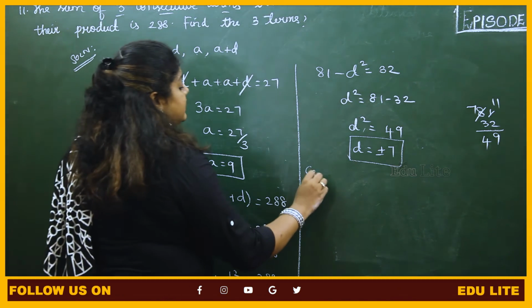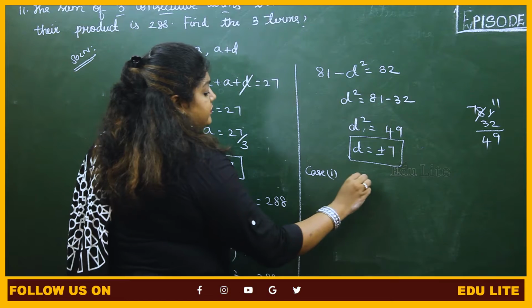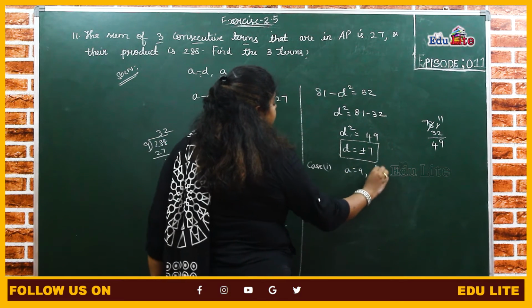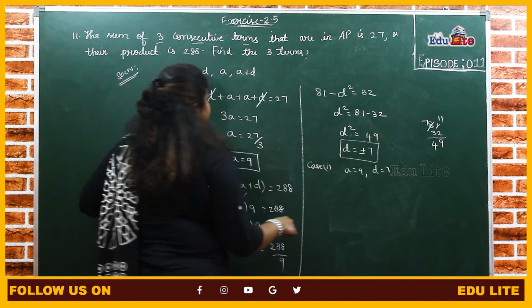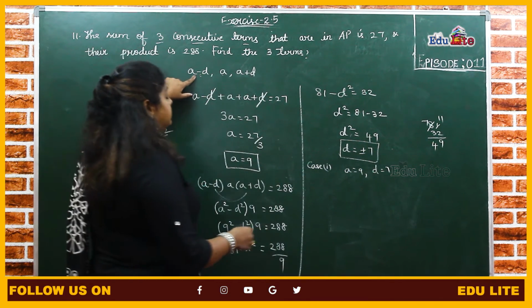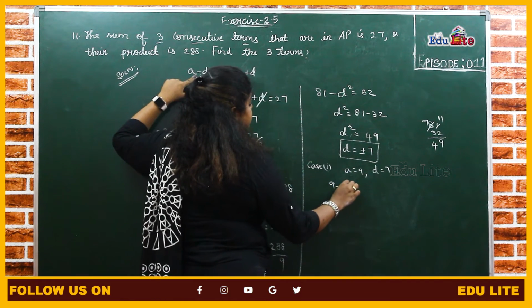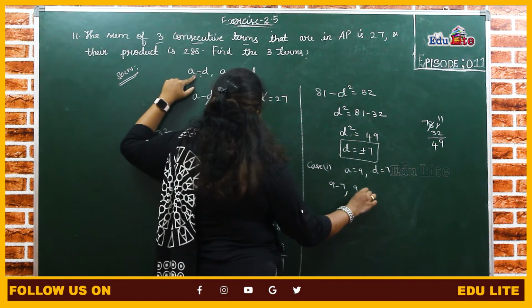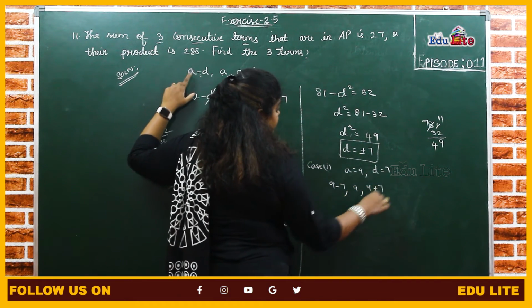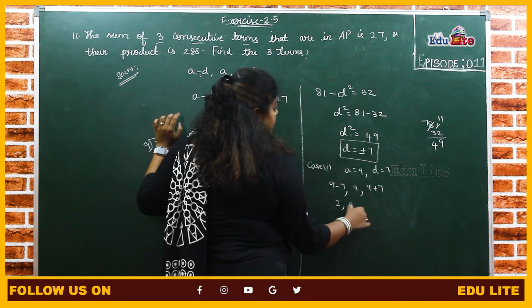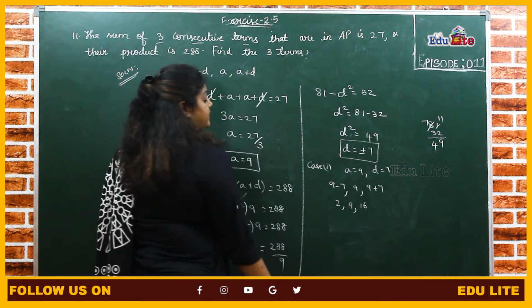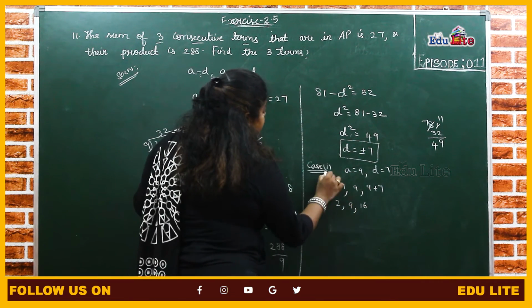First case, we will consider a equals 9, d equals 7. We substitute in the 3 consecutive terms: a minus d means 9 minus 7, which is 2; a is 9; a plus d is 9 plus 7, which is 16. So 2, 9 and 16 are the 3 terms in case 1.